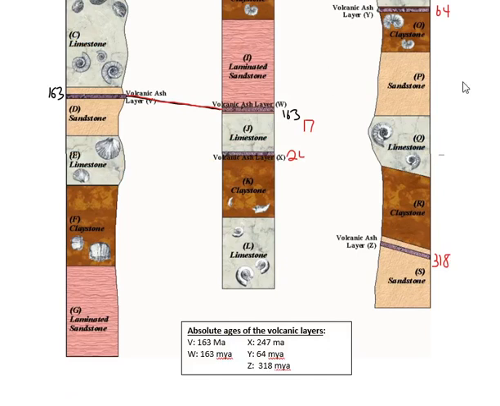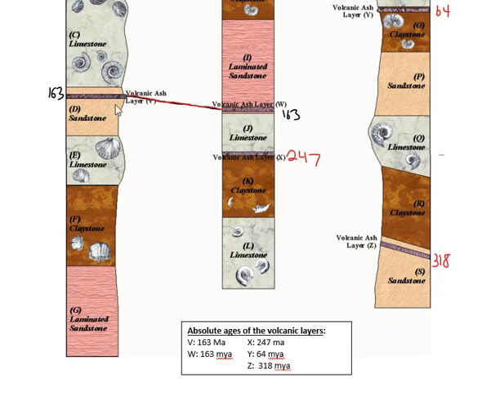Okay, now what you can do is correlate these ages. Oh, sorry, I wrote 247, sorry. There we go. Let me erase that. Somehow that got messed up. Okay, so let's correlate all these absolute dates to geologic time periods.